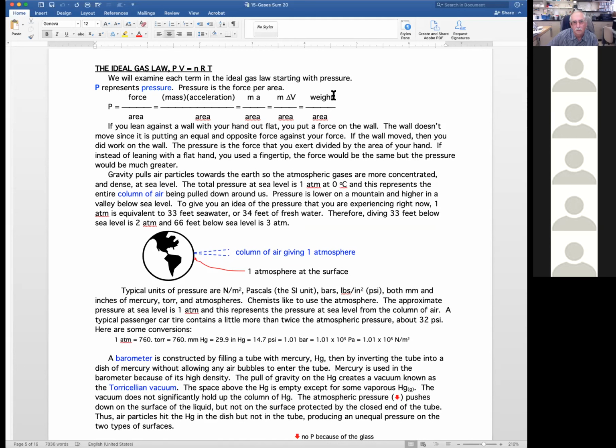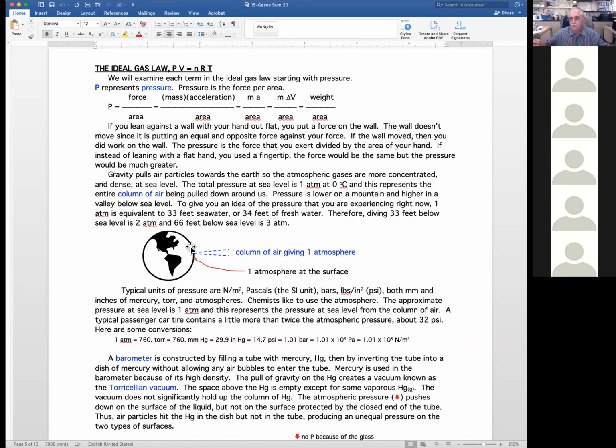Anyway, it's hard to explain this without being in a classroom to demonstrate some of the things I normally do. But what is 1 atmosphere? Say you're standing right here at sea level. Gravity is pulling this column of air down around you.